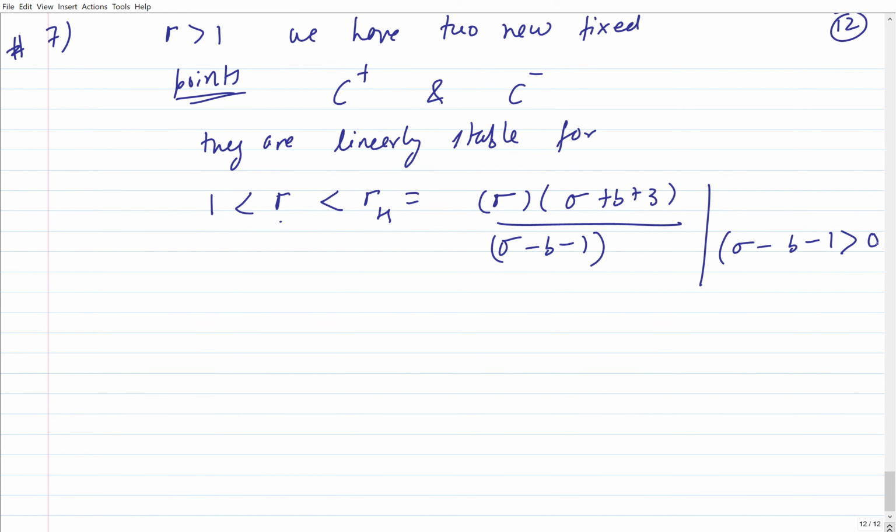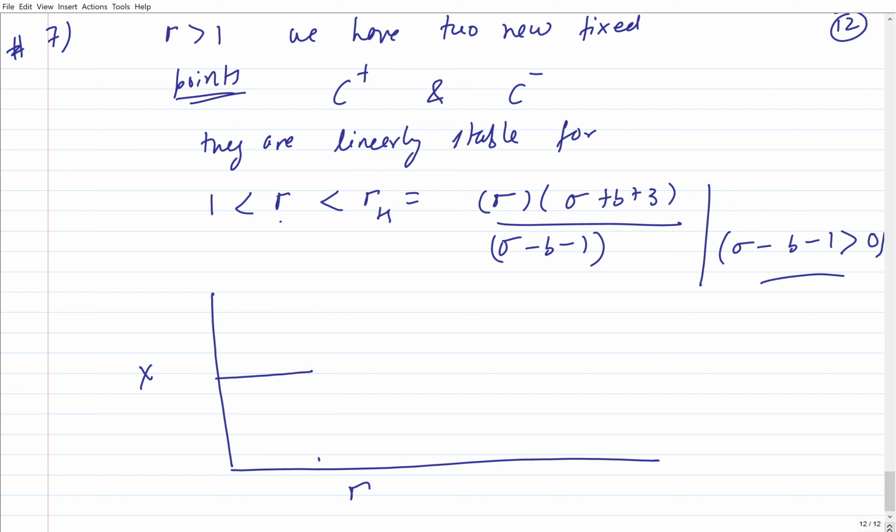Okay, so we'll come to this later, but just to give you an idea what is actually happening in the bifurcation diagram. So I have x, I have the parameter r. I have the origin which was stable till r equals 1. For r greater than 1, the origin loses its stability, and I have a pitchfork bifurcation where C plus and C minus arise.